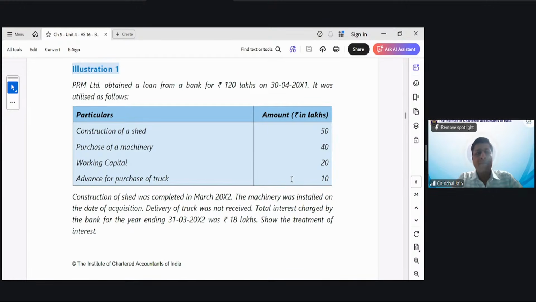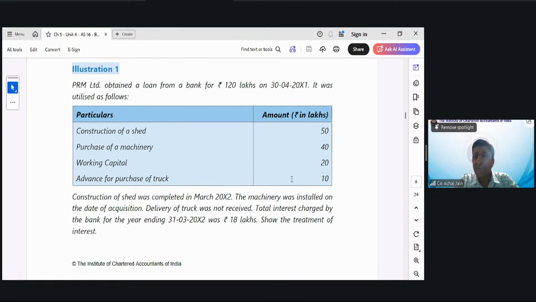PRM Limited obtained a loan from a bank for rupees 120 lakhs on 30th April X1. Now, in these examples, because interest is required to be calculated, some of these dates are important to be understood. If you look at the loan, it's been specified how the loan amount was utilized.